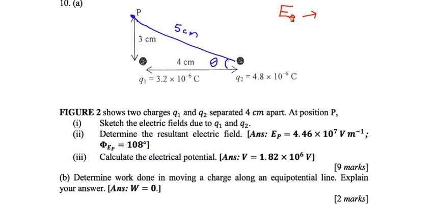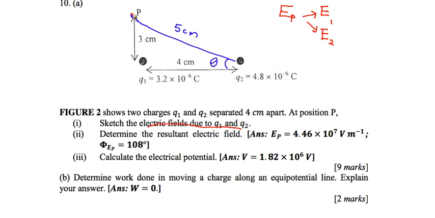At the point P you have an electric field E produced by the charge Q1, let's say this is E1, and an electric field produced by the charge Q2. So what is the direction? Let's sketch the electric field due to the charge Q1 and Q2.